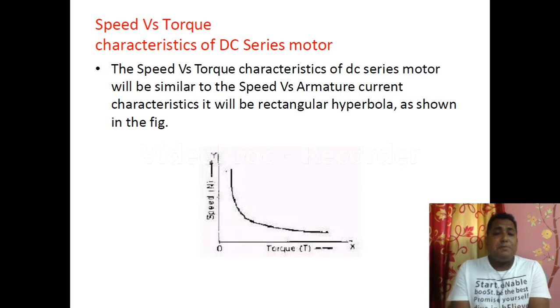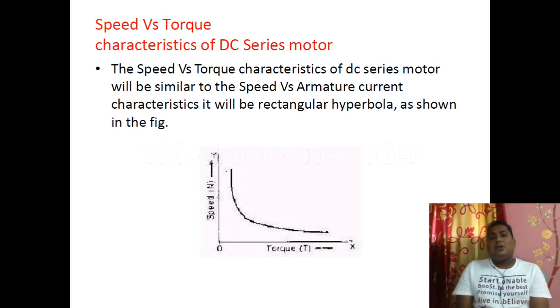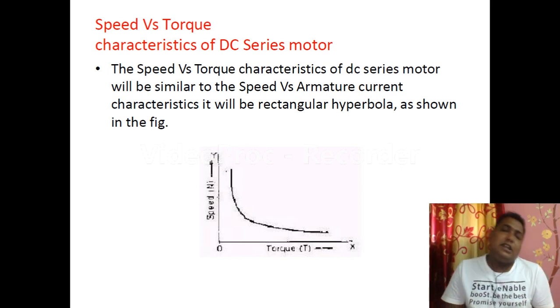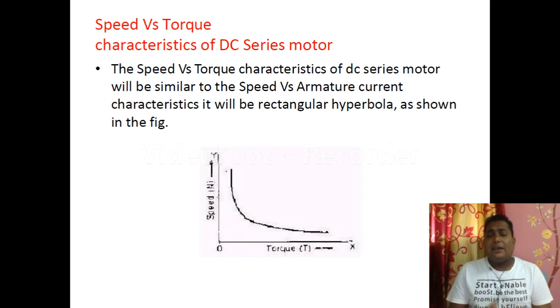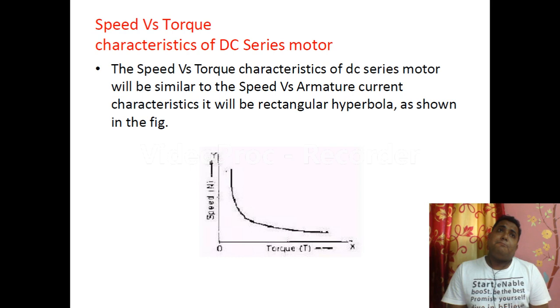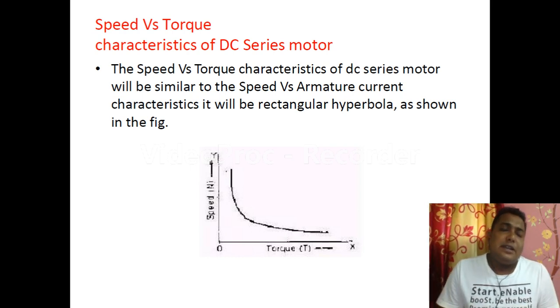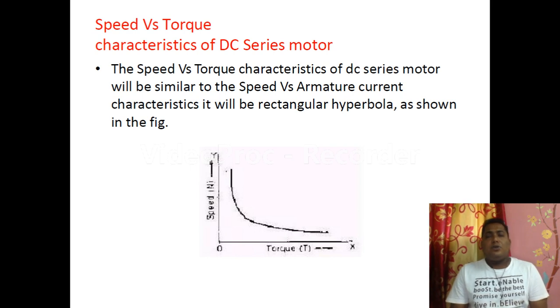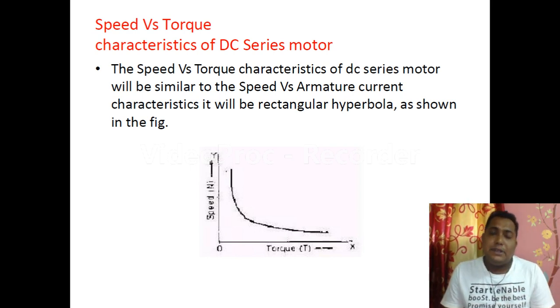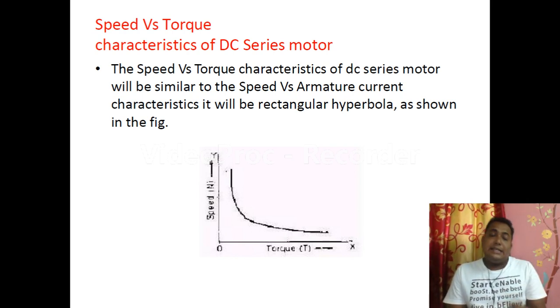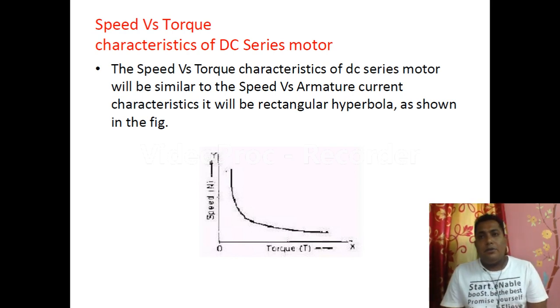So in the speed versus torque characteristics, as in the shunt motor case we have discussed, there is no such direct relation between speed and torque. But torque has a relation with Ia, and this Ia has a relation with speed.